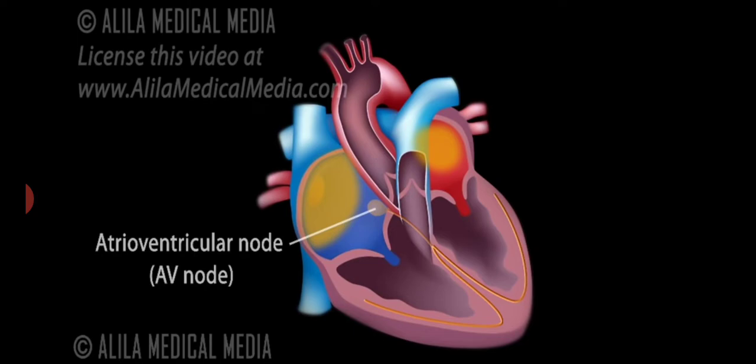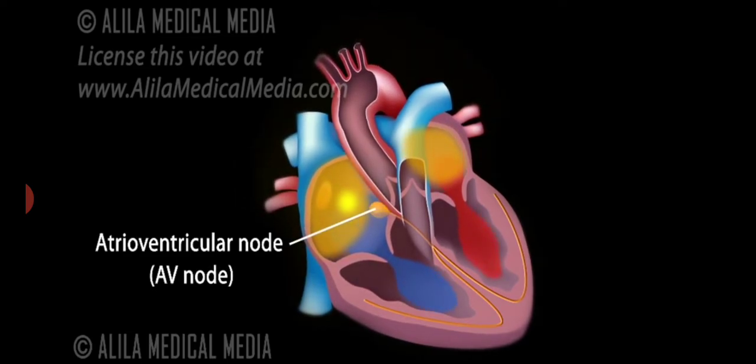The Atrioventricular Node, or AV node, is located on the other side of the right atrium, near the AV valve. The AV node serves as an electrical gateway to the ventricles. It delays the passage of electrical impulses to the ventricles. This delay is to ensure that the atria have ejected all the blood into the ventricles before the ventricles contract.